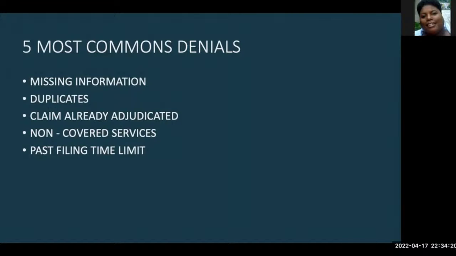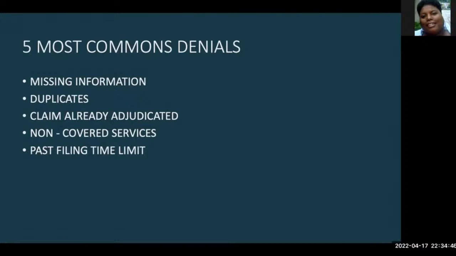Sometimes with duplicate claims, the issue is that you may have checked the portal and you didn't see your claim there. So you said, okay, well, let me resubmit this claim. And what ends up happening is the claims pass in transit, and then you end up sending two claims over to the insurance carrier, and then it'll end up denying as a duplicate.